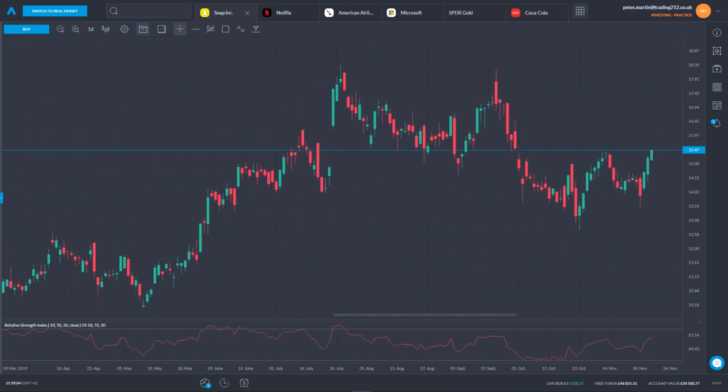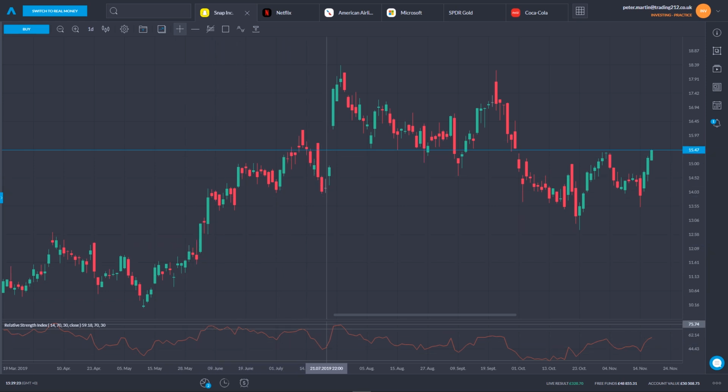This is a daily chart of Snapchat, and this is really just to show you that divergence is not that common a thing. If we look at the RSI at the bottom, we can see that by and large it's mimicking what the price action is doing. If we look at Snapchat going up here, we've got a rising RSI.